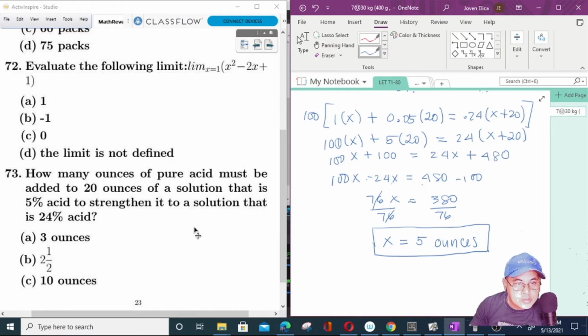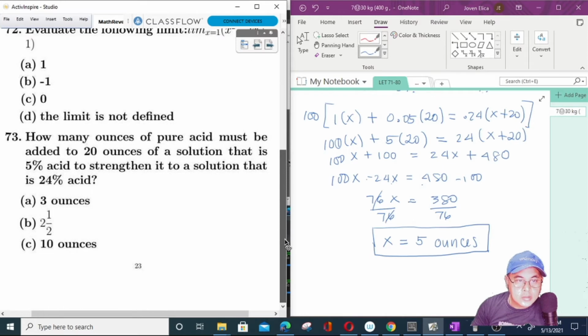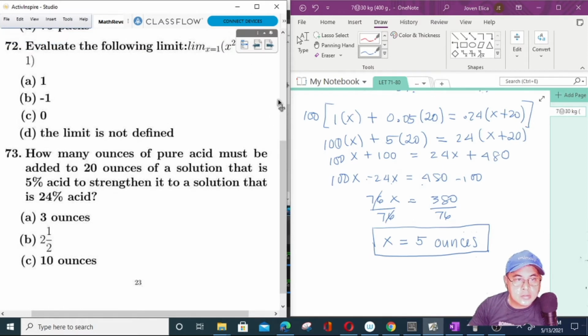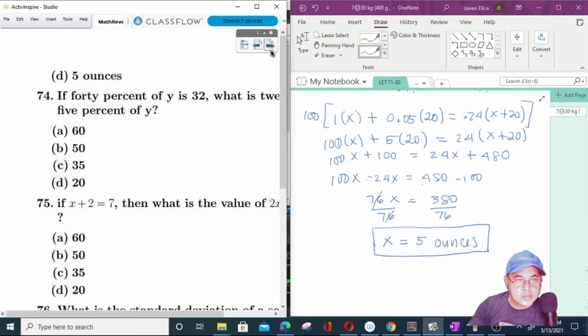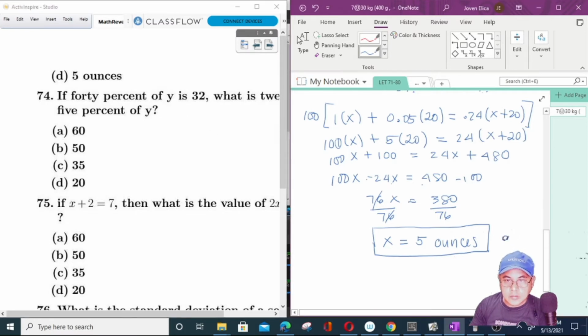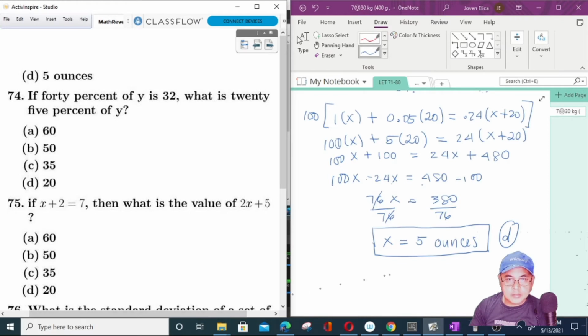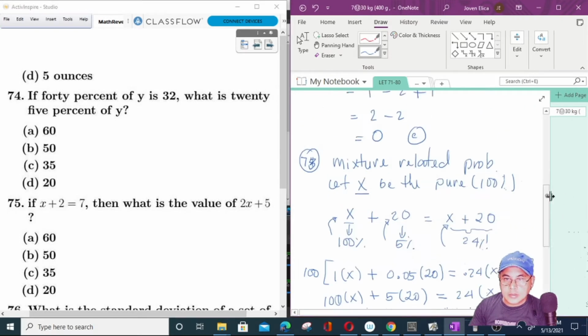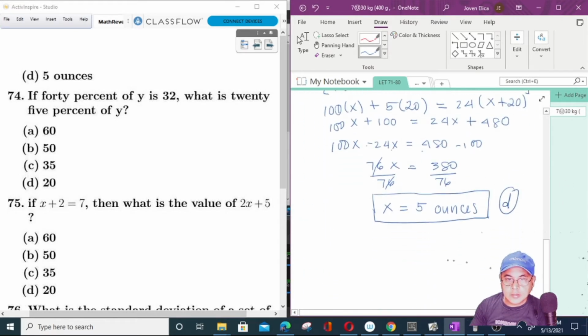So the answer is letter D, 5 ounces of pure acid. Right. Next is 74.